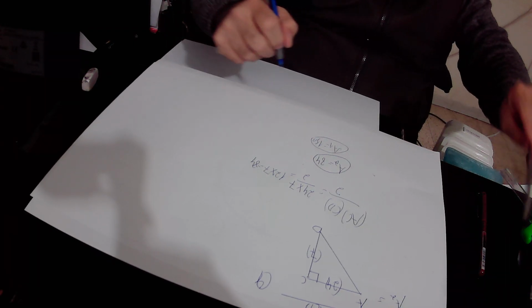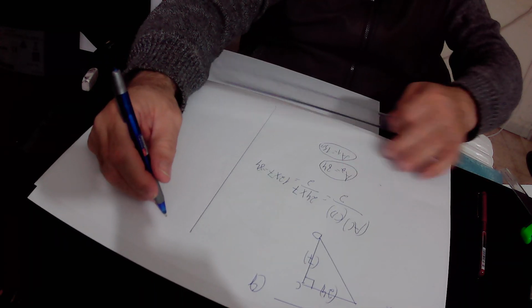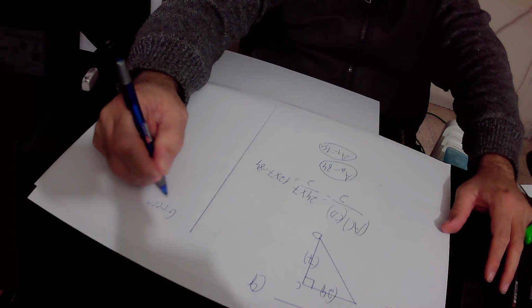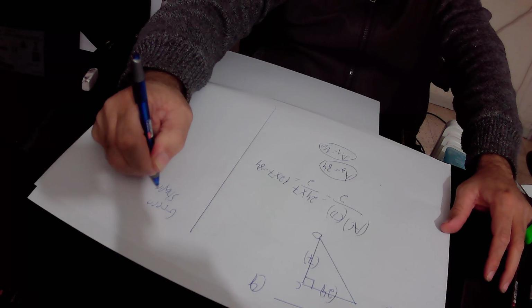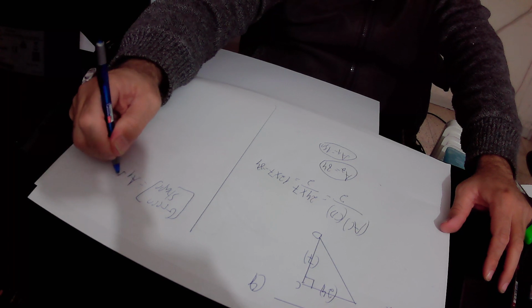and the total area of the green shape is equal to A1 plus A2.